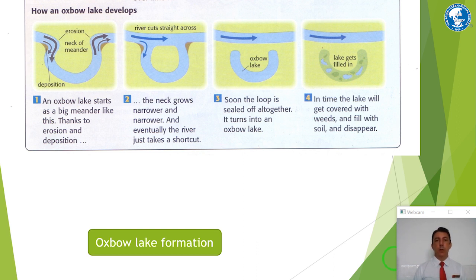Soon, the loop, the meander, is cut off altogether, and it turns into an oxbow lake. Now, in time, because there's no water flowing into that lake, it will start to fill up with plants and sediment, and eventually the oxbow lake will disappear.